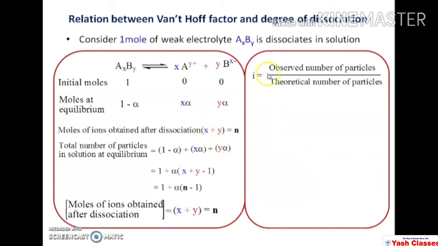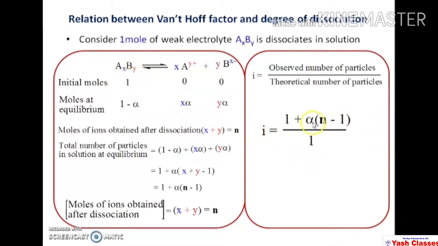So van't Hoff factor i is the observed number of particles upon the theoretical number of particles. So it is equal to 1 plus alpha into n minus 1. These are the observed number of particles upon 1. This is the theoretical number of particles, because initially 1 mole of weak electrolyte is taken.